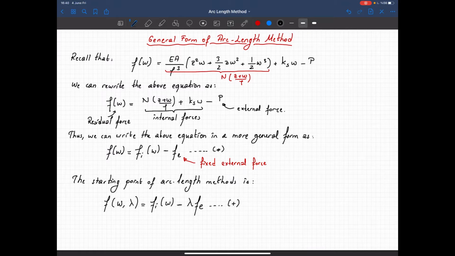Now this lambda is a scalar quantity. It's called a load level parameter.